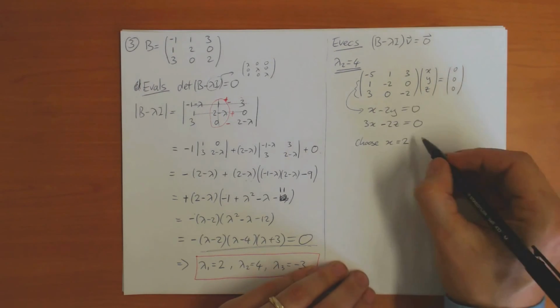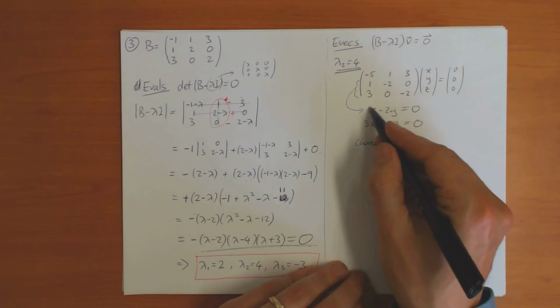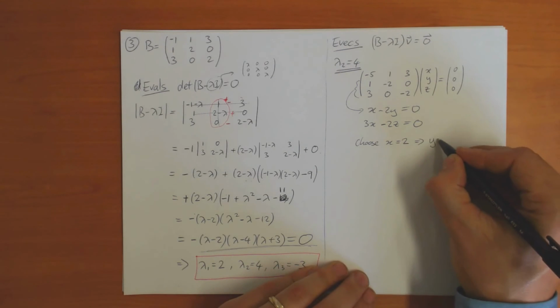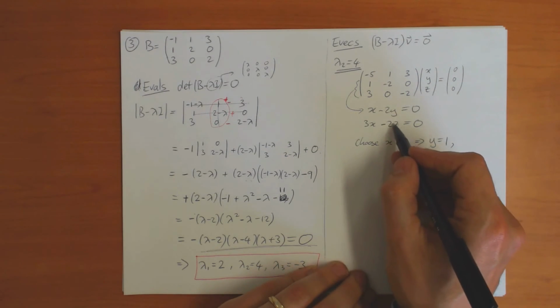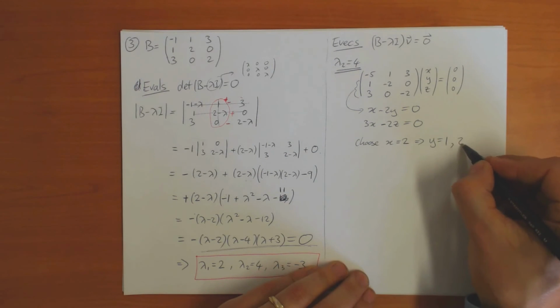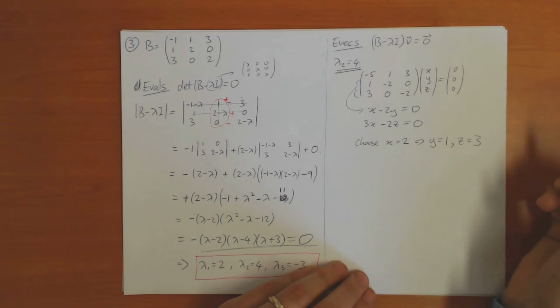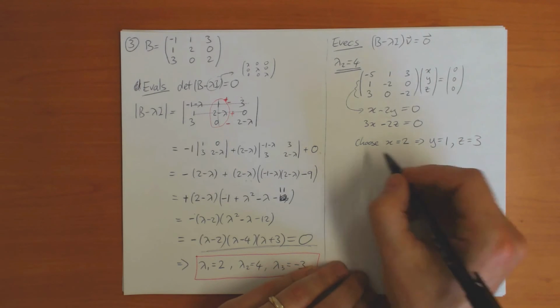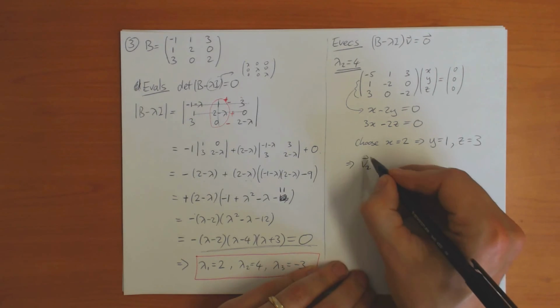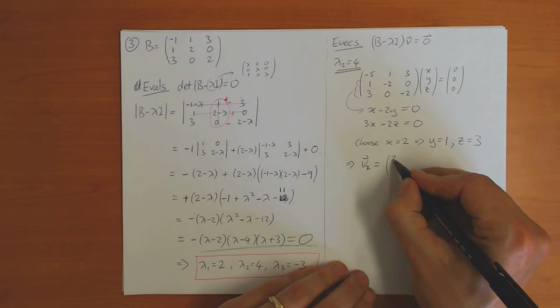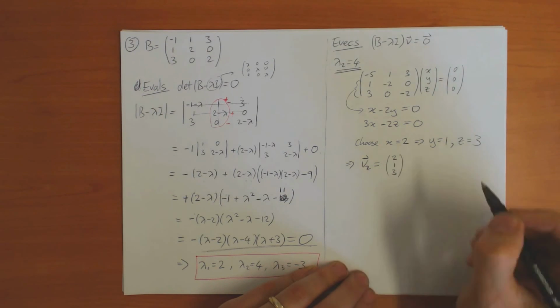That will give me an integer here. Right? So if x equals 2, then this first equation tells me that y is equal to 1, and this second equation tells me that 2z equals 6. So that means z equals 3. So that means that the vector v2, the second eigenvector, should be 2, 1, 3.